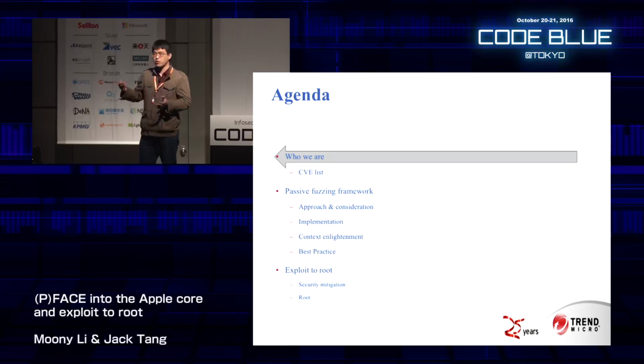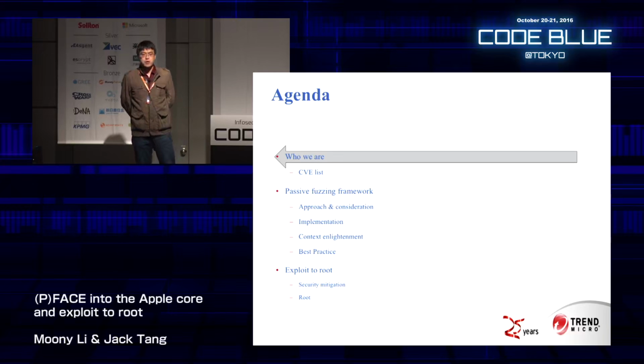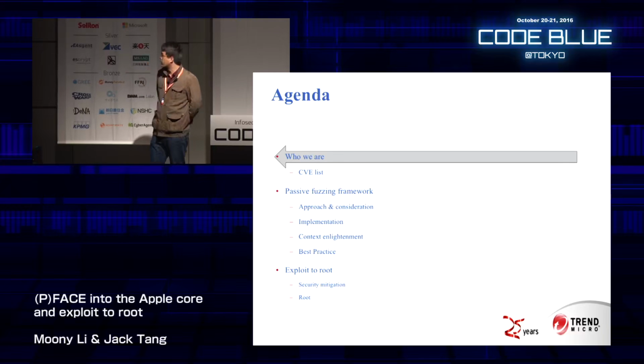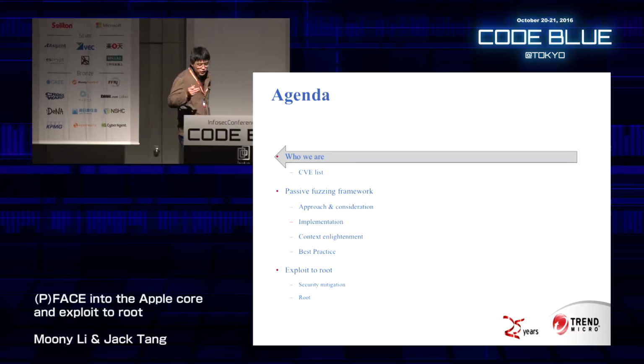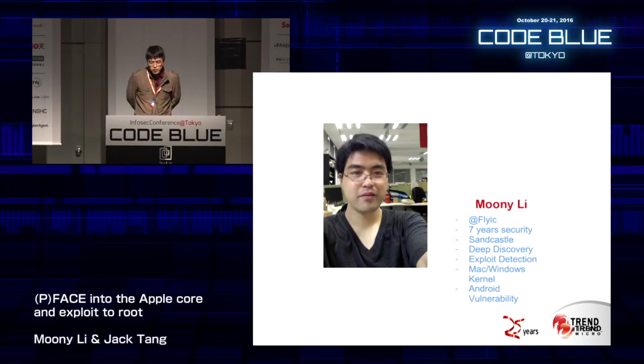We will also introduce the best practices or tips during our fuzzing activities. In the last part, I will introduce the tips and best practices for how we exploit the vulnerabilities we have found using the passive fuzzing framework, and how we root it in an OS X machine.